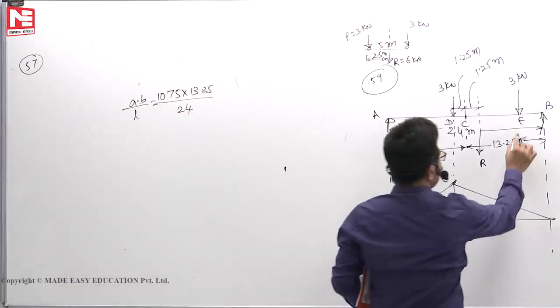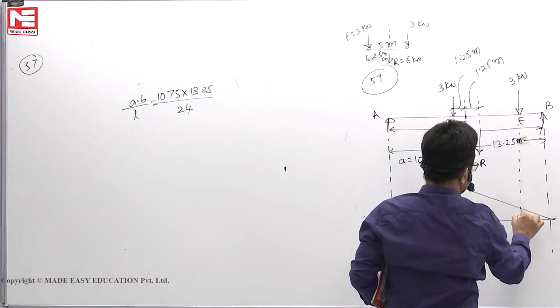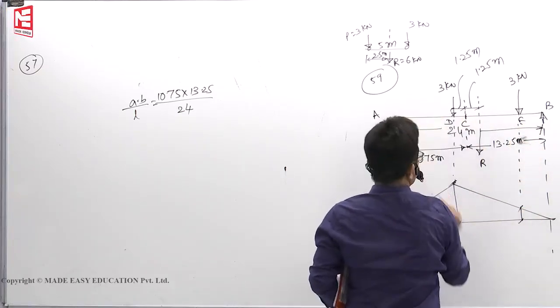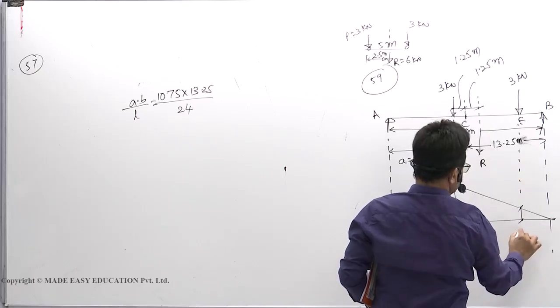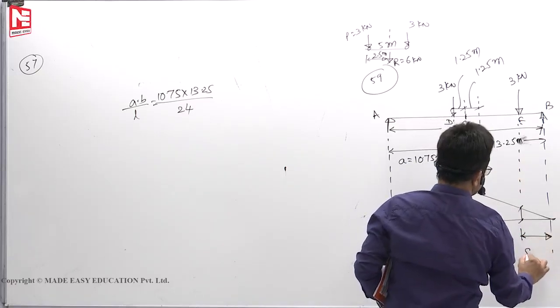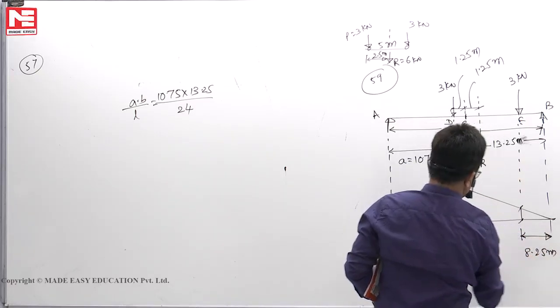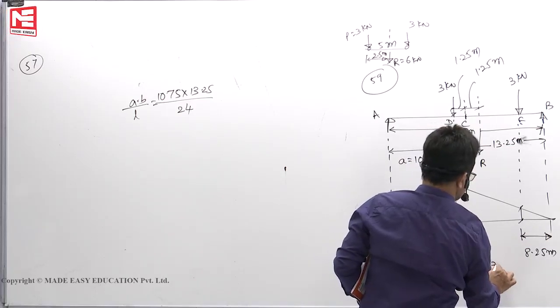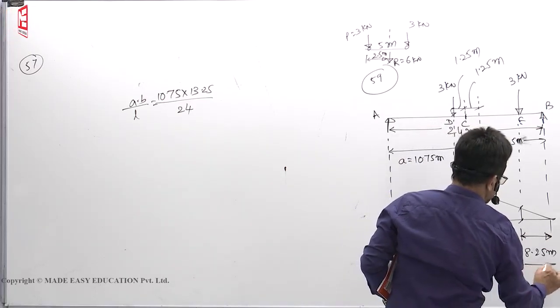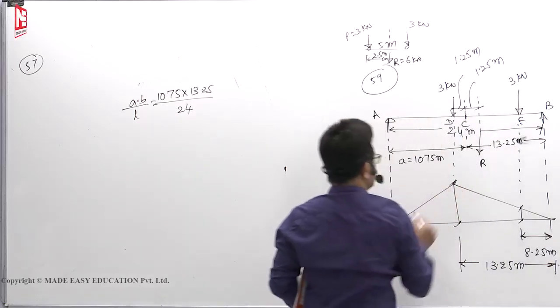Then here you will get this value. That means 5 meters you have to remove. 13.25 minus 5, 8.25 meters. Two ordinates you will find.